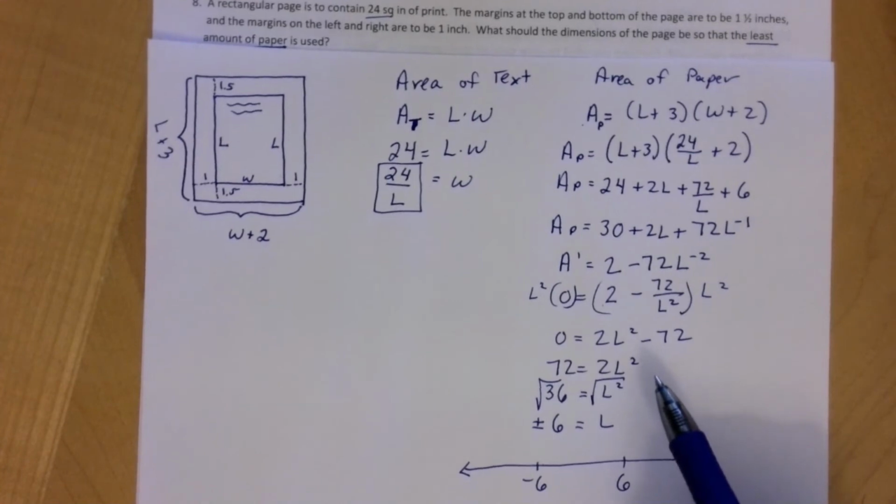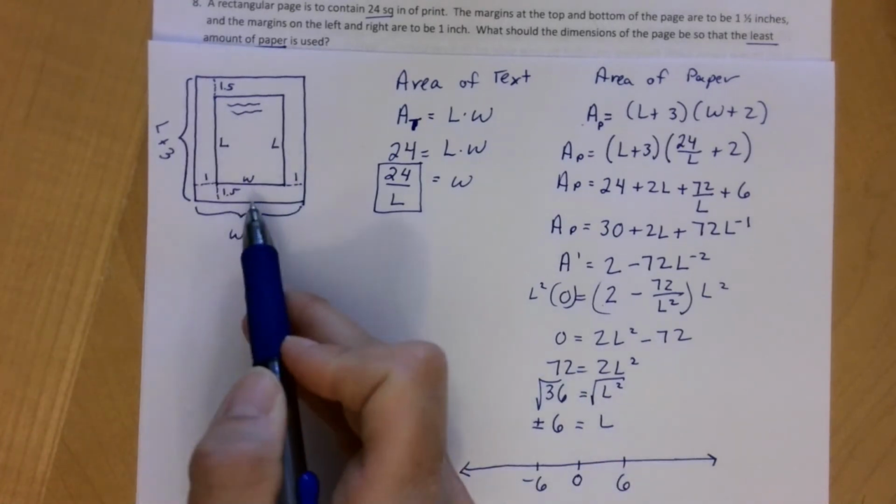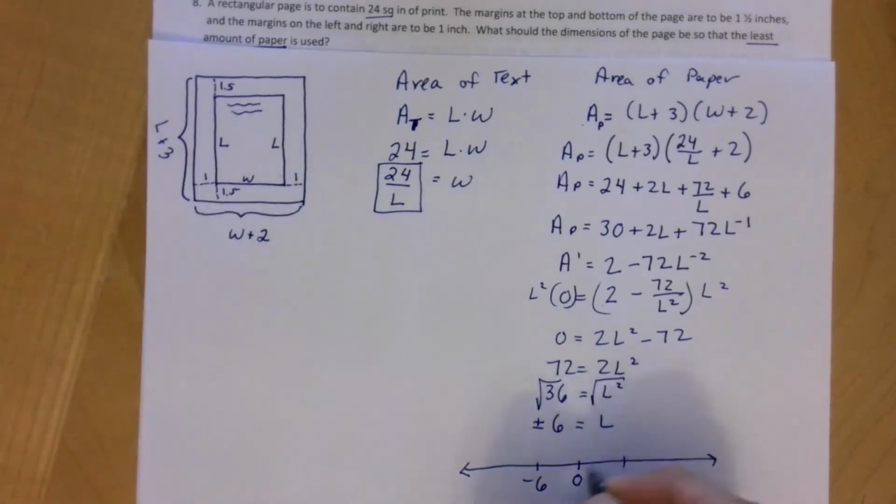Can we actually have negative numbers if we are talking about an actual length of a real life figure? We can't, which means that not only can negative 6 not be a critical value, but anything less than 0, even equal to 0, we're not going to have a length equivalent to 0, because that would not create an actual rectangle. So anything to the left of 0 is going to get excluded from my domain.